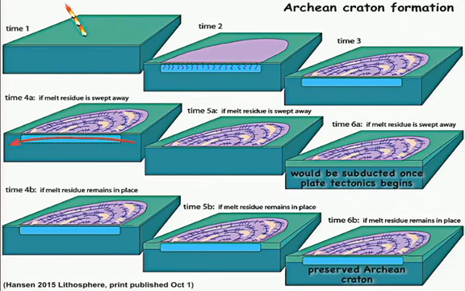And this material could and would be subducted on Earth once we started plate tectonics. If the life preserver of the mantle melt residuum remained in place, we have our preserved Archean craton. Now, once we form these cratons and preserve them, they can still be butchered up and moved around as they are on our planet, but we also could have formed things like this and been subducted, as we did on Venus.